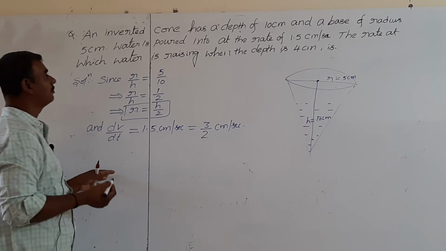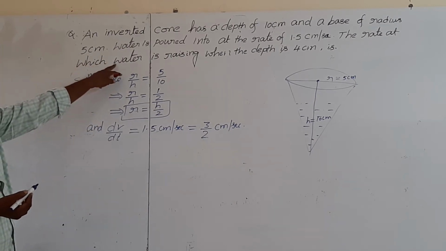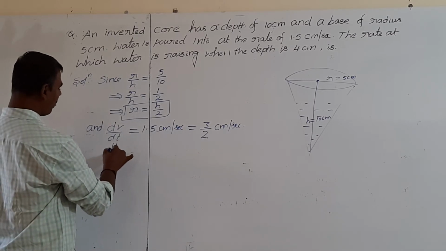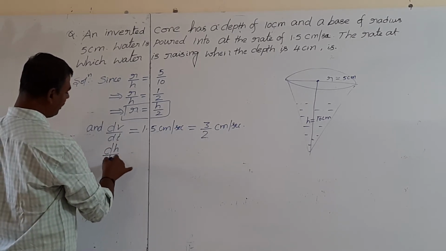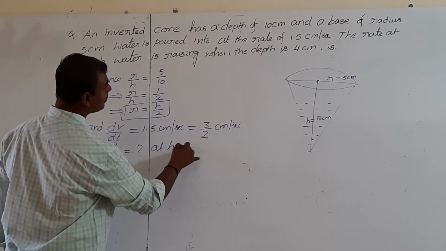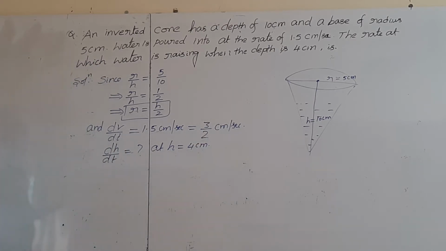Next, find the rate at which water is rising. That means what is asked? dH by dt, question mark, at the instant h is equal to 4 centimeters. So this is the given data according to the problem. From the problem we collected the data like this.